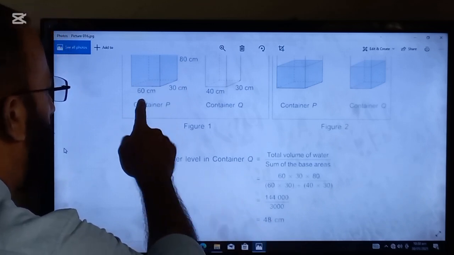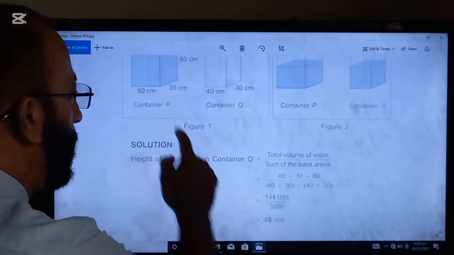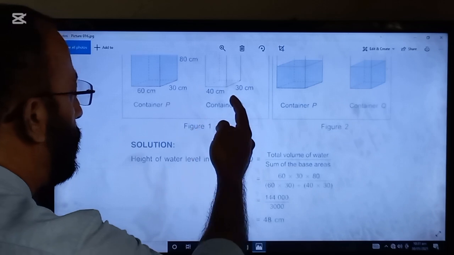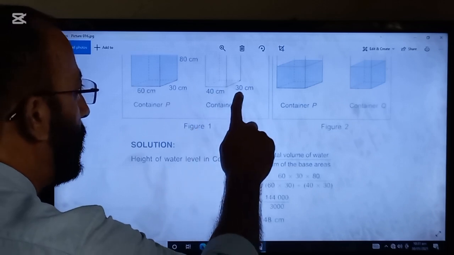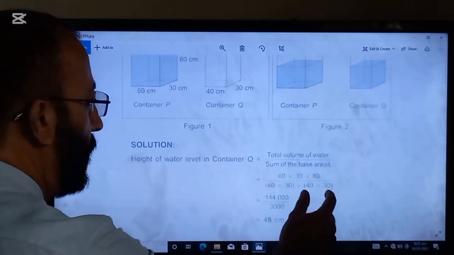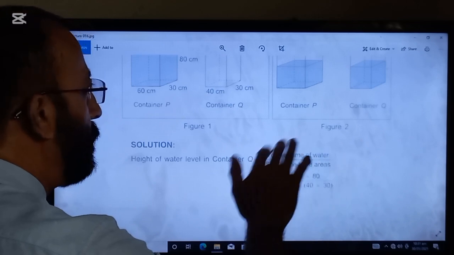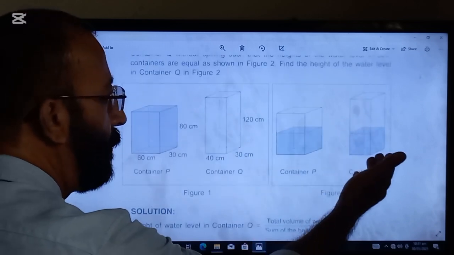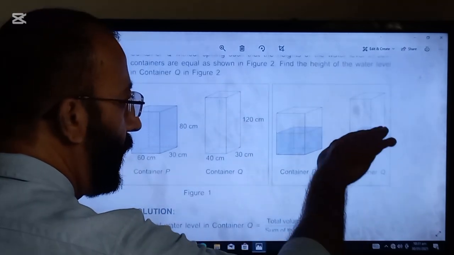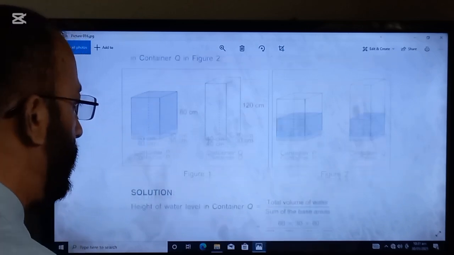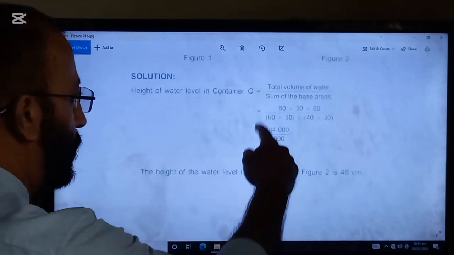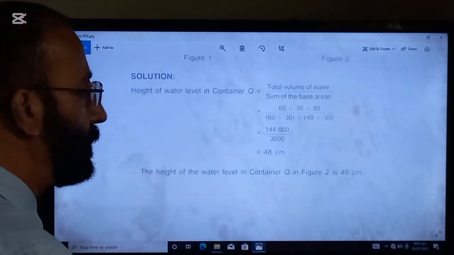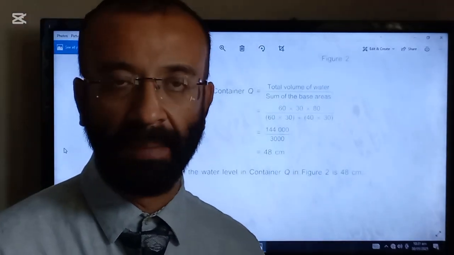Container 1 has a base of 60 into 30, and container 2 has a base of 30 into 40. So solve it on the calculator, you will get the height of the water in tank Q. So this is the simple method.